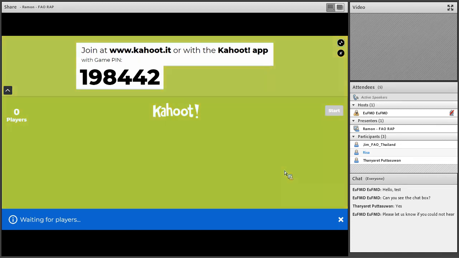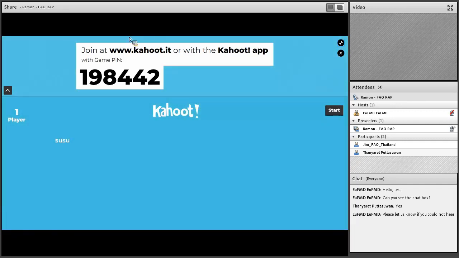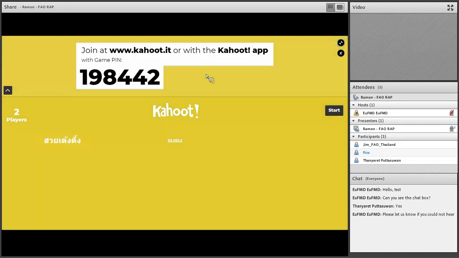This is our gate pin. So enter the gate pin, which is 198442. Yes, okay. Are you there? Yes. So let me know who's not yet in Kahoots. Raise your hand. Okay, there's a few more people. Nice.